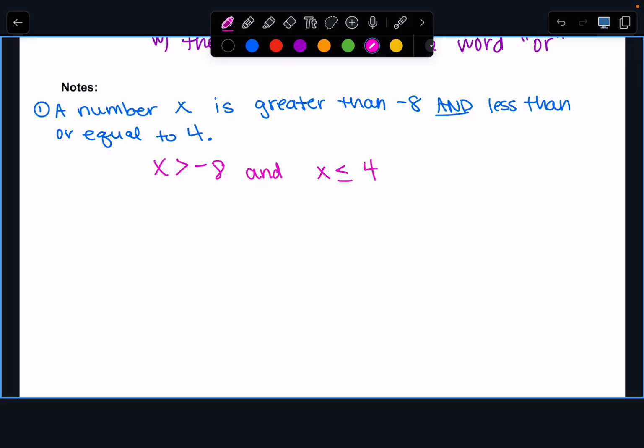Okay? Now, what I'm going to tell you is that when there's an and, we can write it as two inequalities with and in between, or we can do this: x is less than or equal to 4 and greater than -8. We can rewrite it to be this.